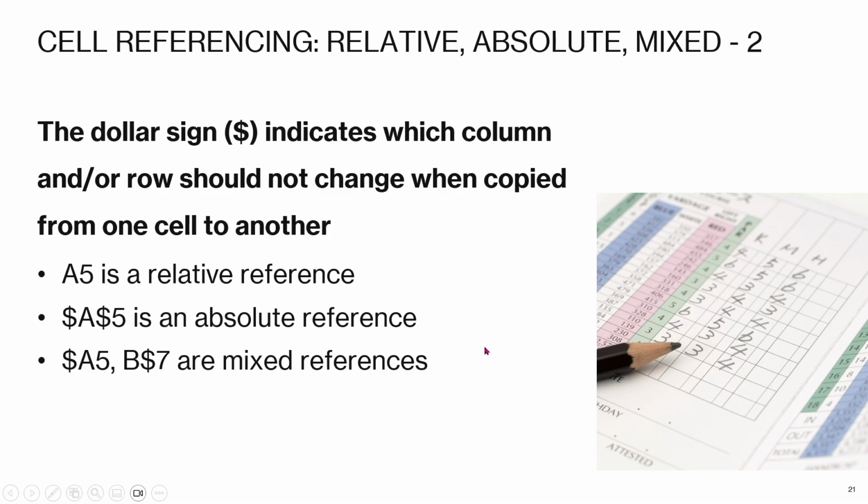That means that when I copy that formula from one place to another, cell A5 will not change. So my formula will always refer to A5. And in this case, with the dollar in front of the A or the dollar in front of the 7, that would be considered a mixed reference. So I might be copying something where I need the row to change, but I don't want the column to change. So that is another way of being able to handle cell referencing.